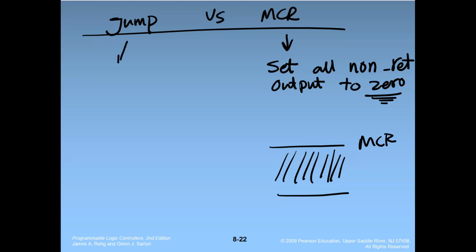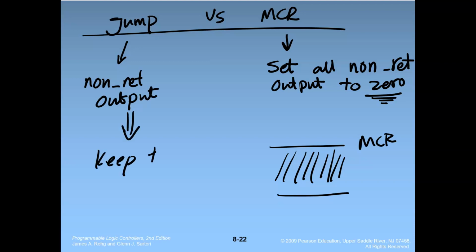So with jump, regarding non-retentive outputs, they can keep the latest condition. This is something that you should be completely aware of.